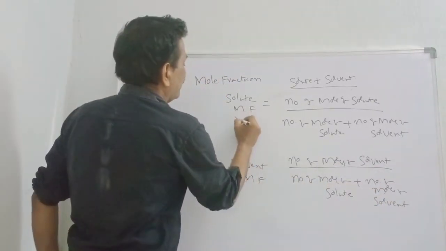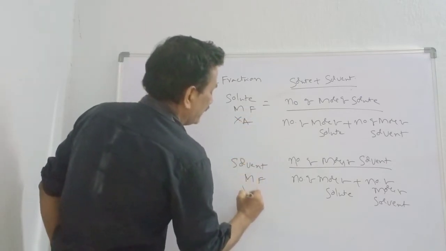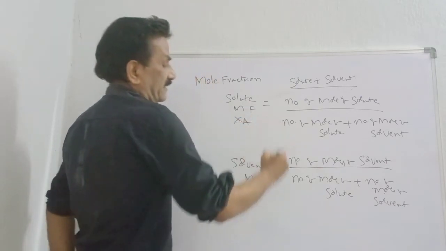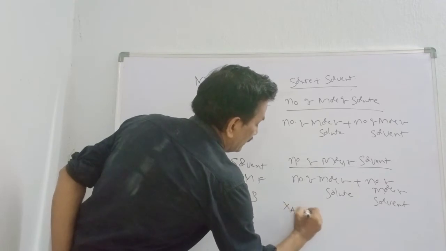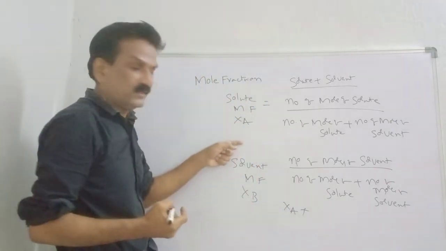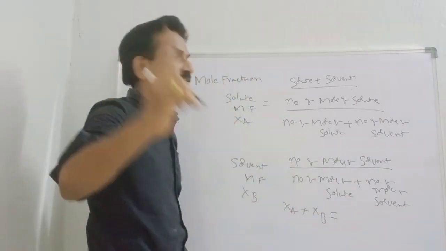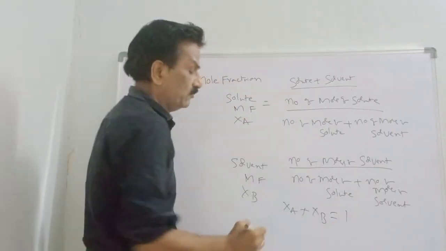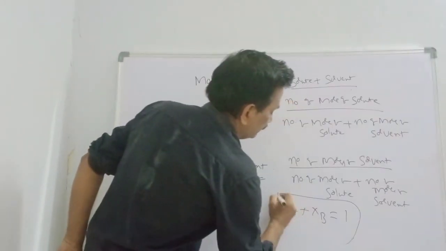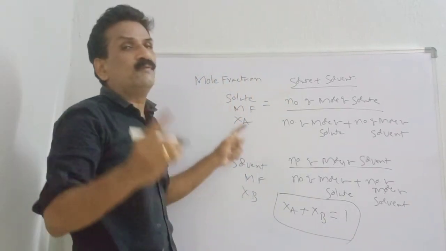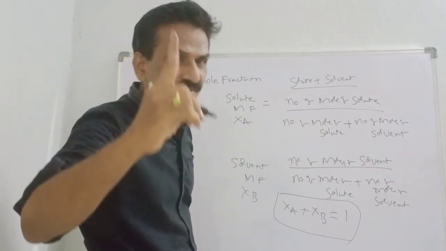You say this is XA, you say XB. XA, that is solute mole fraction, plus XB, that is solvent mole fraction, is equal to 1. Please note it, most important. Solute mole fraction plus solvent mole fraction is equal to 1.